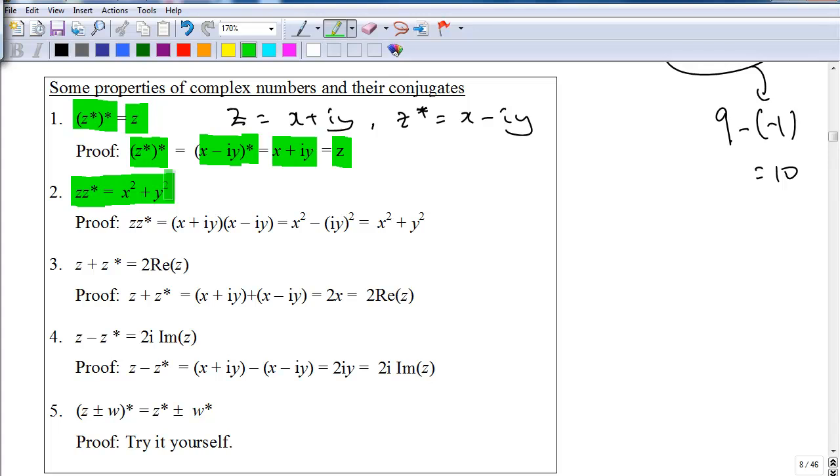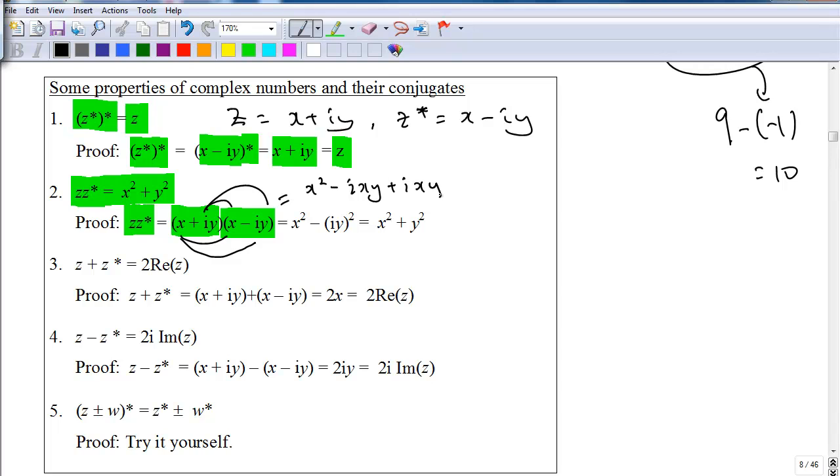Now if I look at the second property, Z times Z conjugate, that's just the sum of the real and imaginary parts, squared and squared. Now the proof goes like this: if Z and Z conjugate are multiplied together, it is the same as x plus iy multiplied by x minus iy. Now if you multiply them using the usual way, x times x, x times minus iy, and so on, you realize that you will eliminate all the imaginary terms, meaning you get x squared minus ixy, then plus ixy, minus i squared y squared.